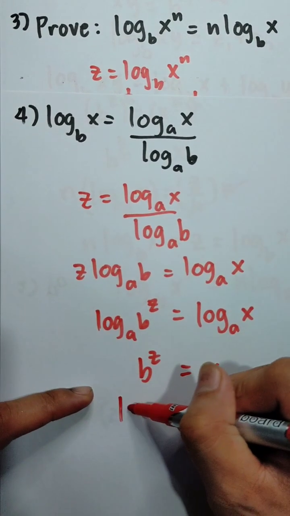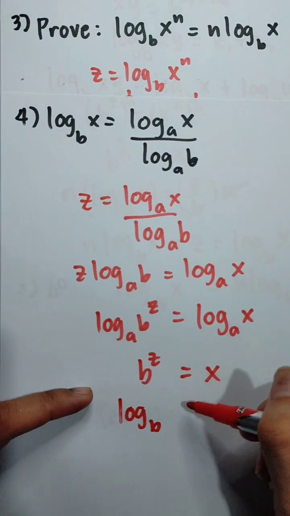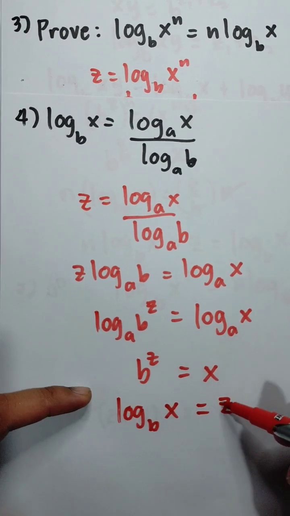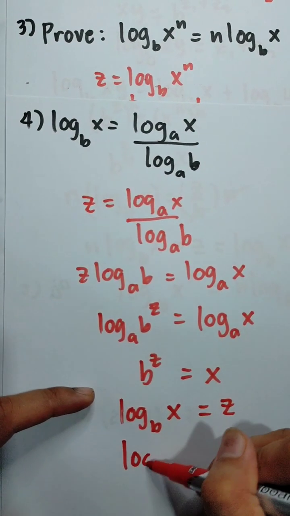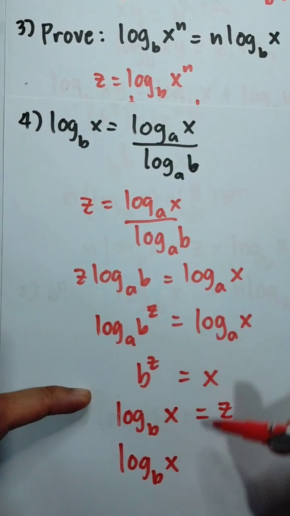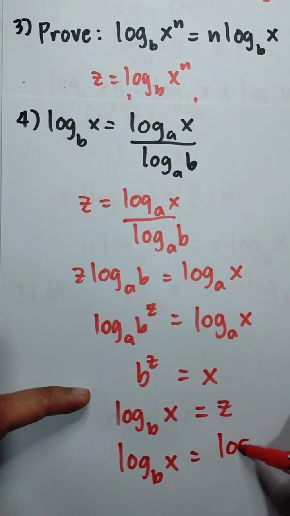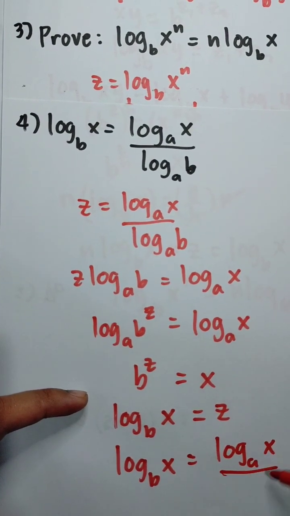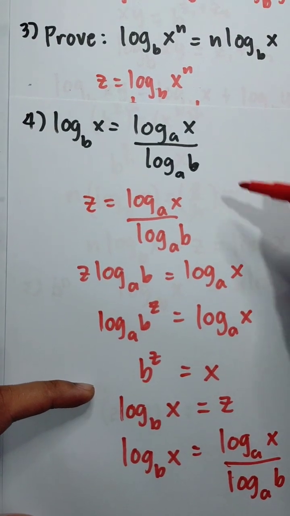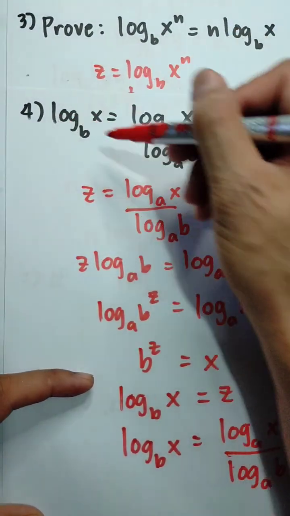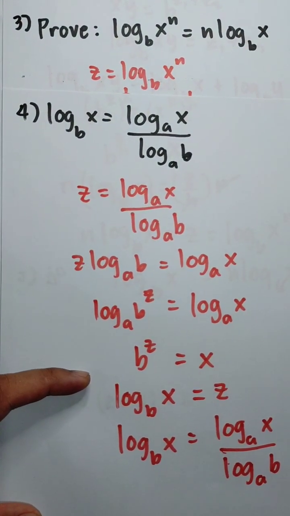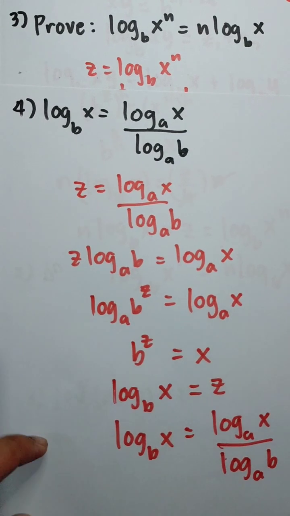So this is now log base b of x is equal to z. Now notice that our z from the beginning is equal to log base a of x over log base a of b, and that is the same as our assumption on top. So hence we have proven the property.